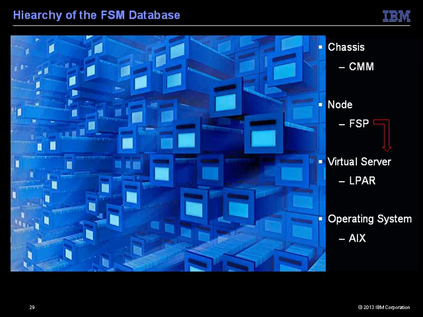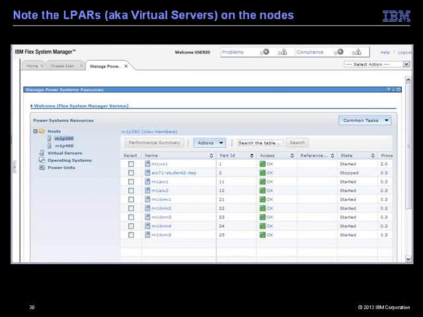It just trickles down, if you will, from FSM to chassis to node to virtual server to your OS in the end. So we're going to go through and clean up that database, but it's also going to push information out to the chassis and to the nodes so that our LPARs will more or less forget about the FSM.